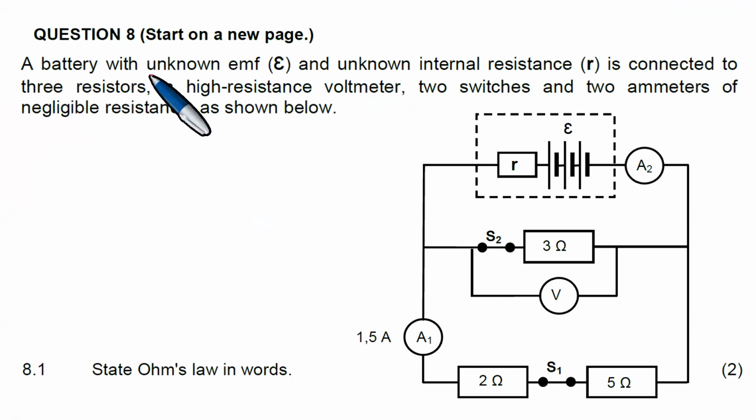A battery with unknown EMF and unknown internal resistance R is connected to 3 resistors, a high resistance voltmeter, 2 switches, 2 ammeters. You have switch 1, switch 2, ammeter 1, ammeter 2, of negligible resistance as shown below. State Ohm's law in words.